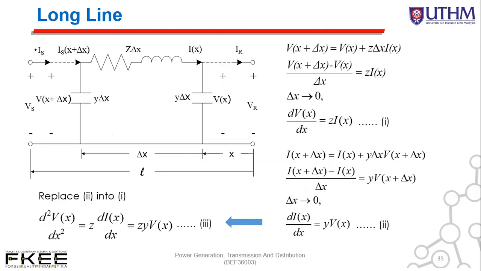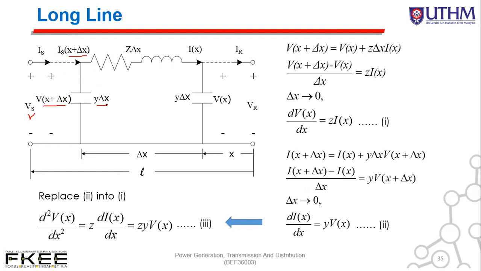So let's look at the simplified equivalent circuit. From this circuit, we have the sending voltage here, and then the sending current IS. The current goes throughout the transmission line, so the current keeps changing, that is I at x plus delta x. Then for the first portion of the parameter constant, we get V at x plus delta x.